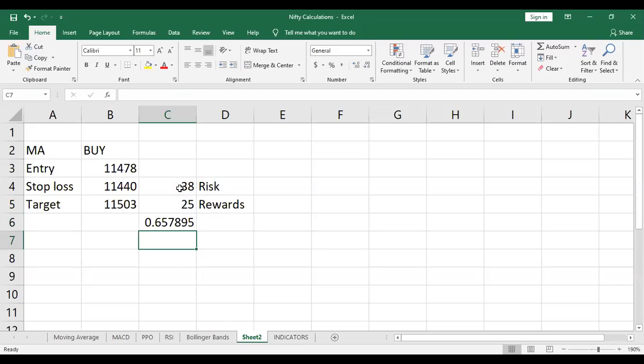That is only 65%. Whenever you risk rupees 1, your profit may be only 65 paisa. It is not favorable because the risk is greater than the reward. So at this time, we can wait and watch, or we can initiate the option combinations that we will learn next time, how to reduce the risk with option combinations. So we wait and watch here.